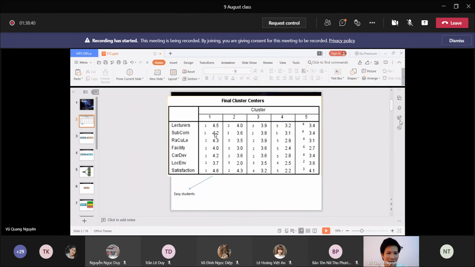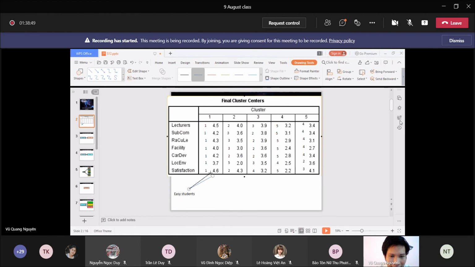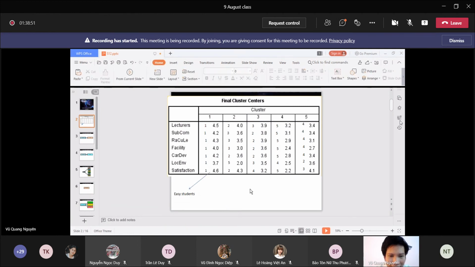Because they have high perception on all aspects and they are satisfied. So I call them the segment of easy students. If we want to target them, what should we do? Well, actually, we do not need to do anything, right? Because they are very easy. They will get satisfied with you, whatever you do.